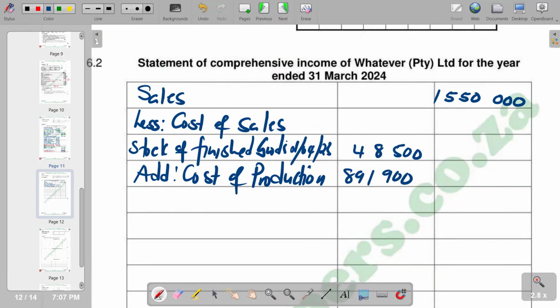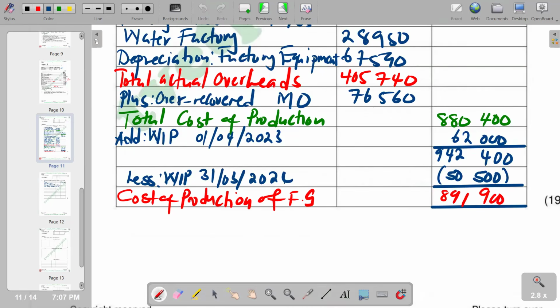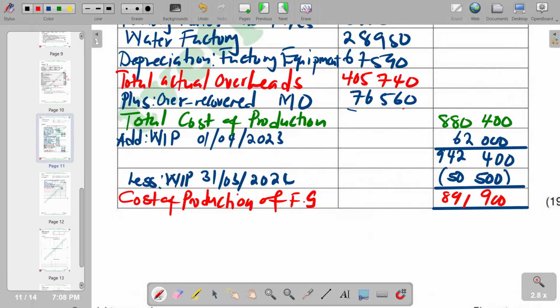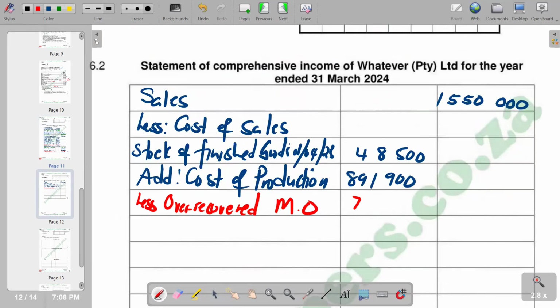After adding our cost of production, we are supposed to less the over recovered manufacturing overheads. Remember, we identified an over recovered manufacturing overhead, which we are supposed to carry again and subtract here in the trading account. So we are saying less over recovered manufacturing overheads, and the figure that we got is 76,560. We can show it in brackets.